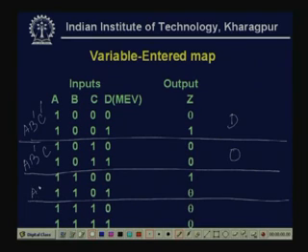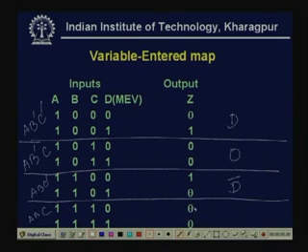Similarly, this is for A, B, C dash. D is 0 1, then Z is 1 0, so this is the complement. And for A, B, C, this is 0 1 and this is D.